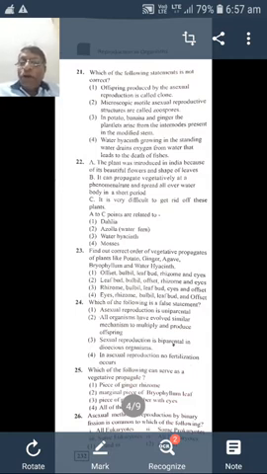Here, for example, offspring produced by the asexual reproduction called clone. Okay, it is the answer. Microscopic motile asexual reproductive structures are called zoospores. Say, for example, Chlamydomonas asexually reproduced by the production of what are known as zoospores.